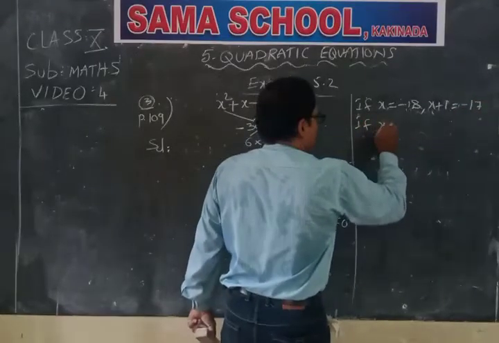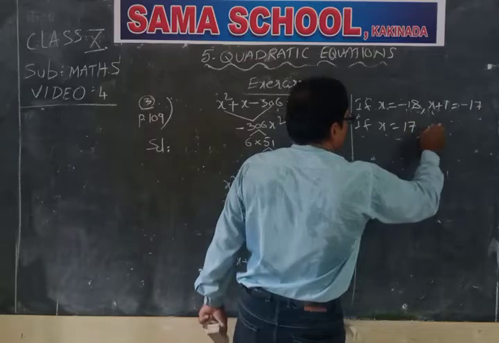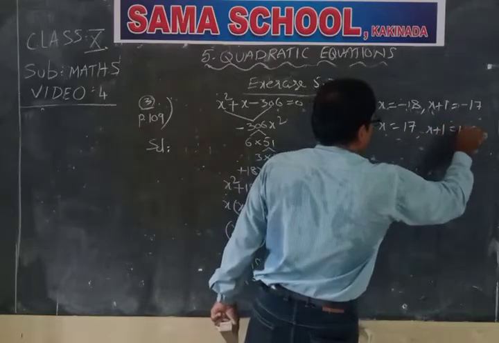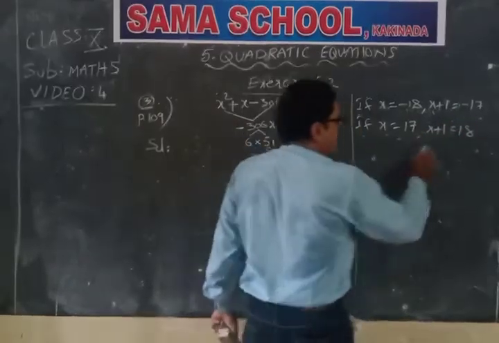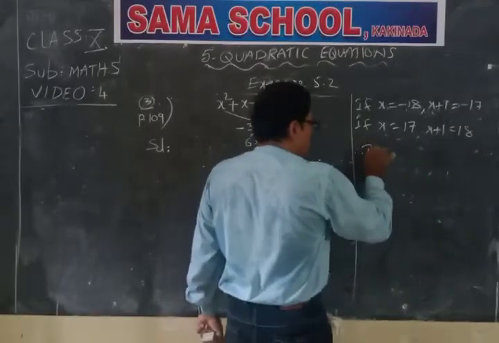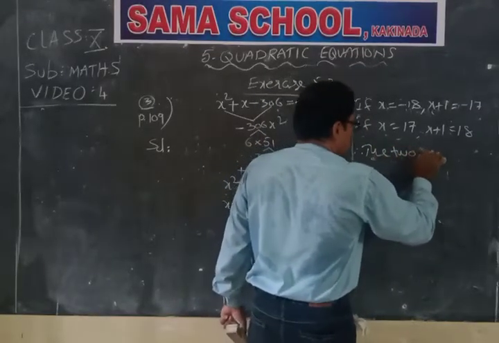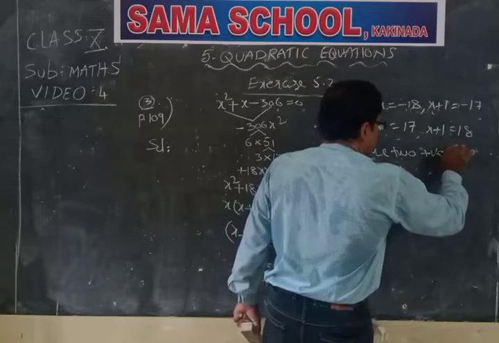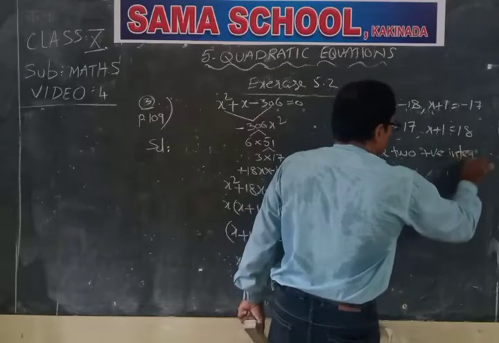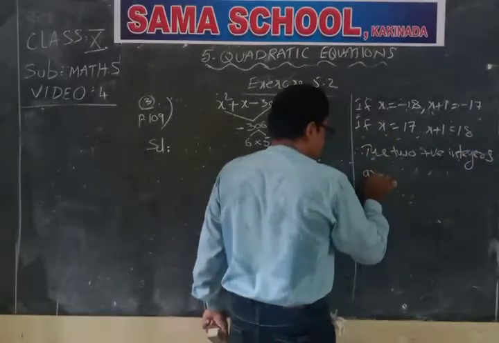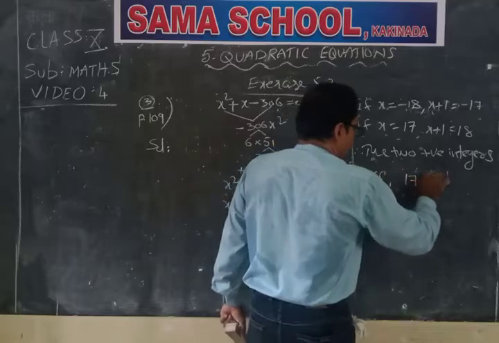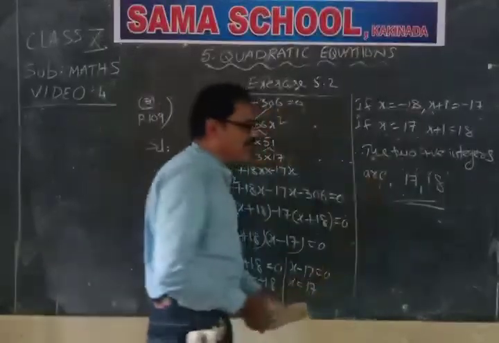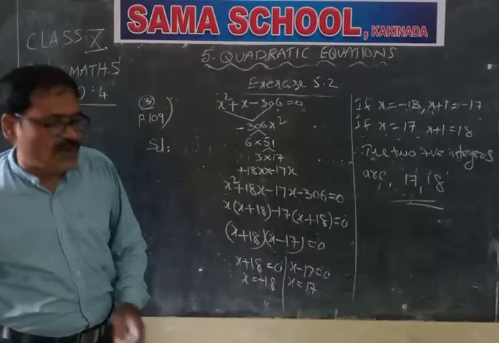If x is equal to 17, x plus 1 is 17 plus 1, 18. Therefore, the two positive integers are 17, 18. These two are two consecutive positive integers.